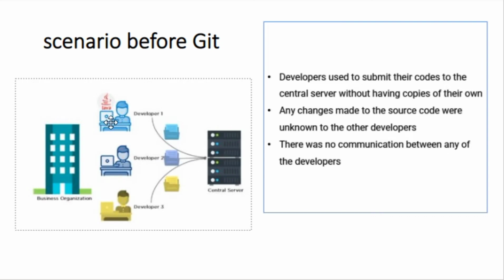They are not aware of what developer 1 is doing, and developer 2 is not aware of what developer 3 is doing. They are all working on their own code and pushing everything to the central server. So there is no history or tracking of who made what changes. Basically there was no communication between these developers. That's how we worked before Git.